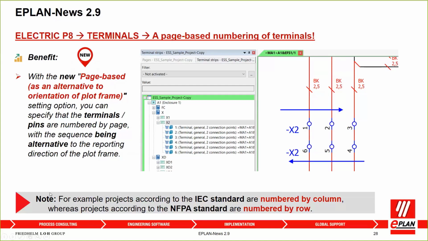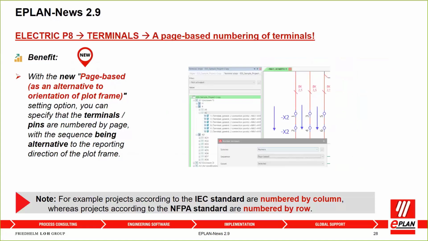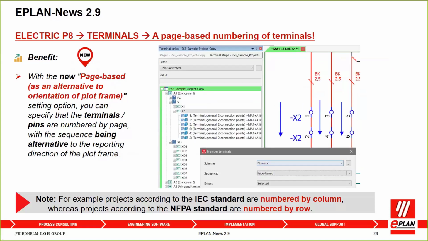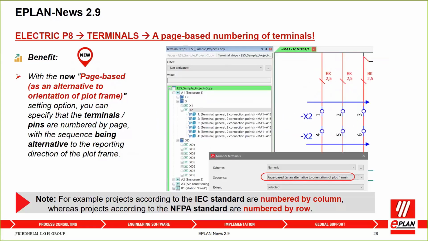So in these examples, the plot frame is set up to go from left to right. With this setting, you can now number the opposite direction. And here again, going down and across. So originally it was set up to go top to bottom, and now using this new page-based as an alternative to the plot frame, you can go left to right.